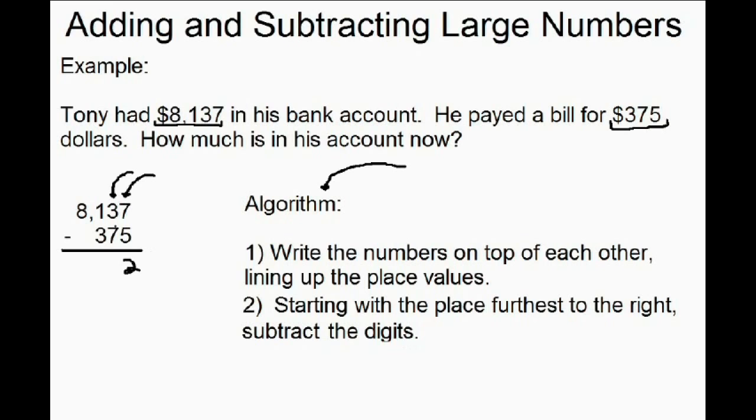We have to do something about this 3. We have to somehow be able to subtract what's here from what's underneath. In order to do that, we have to borrow from the next place value over. We have to borrow 1 from that and essentially give that 1 to the place value that we're subtracting.